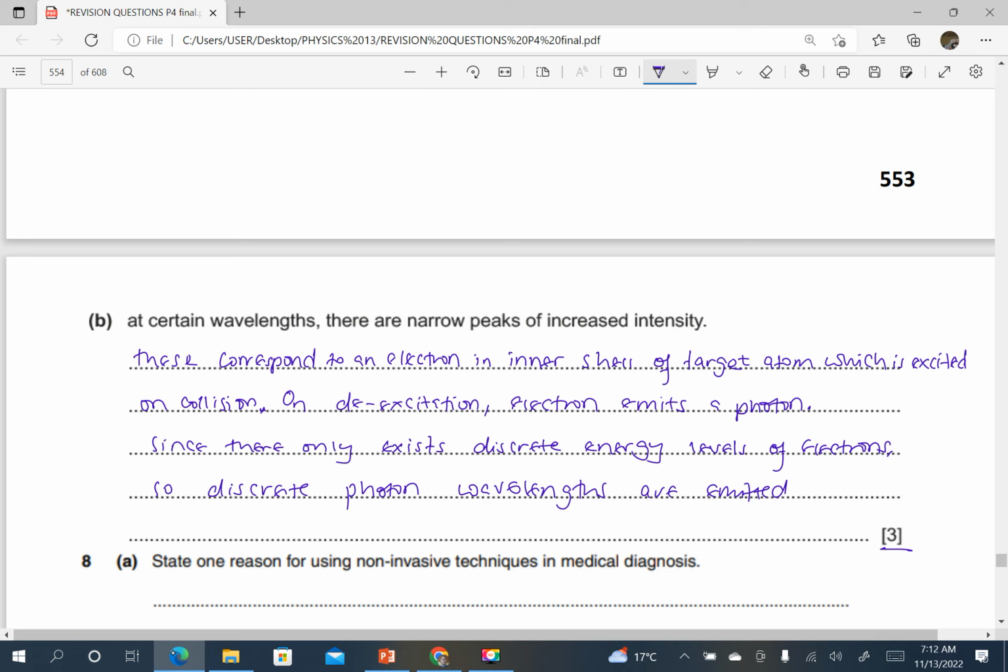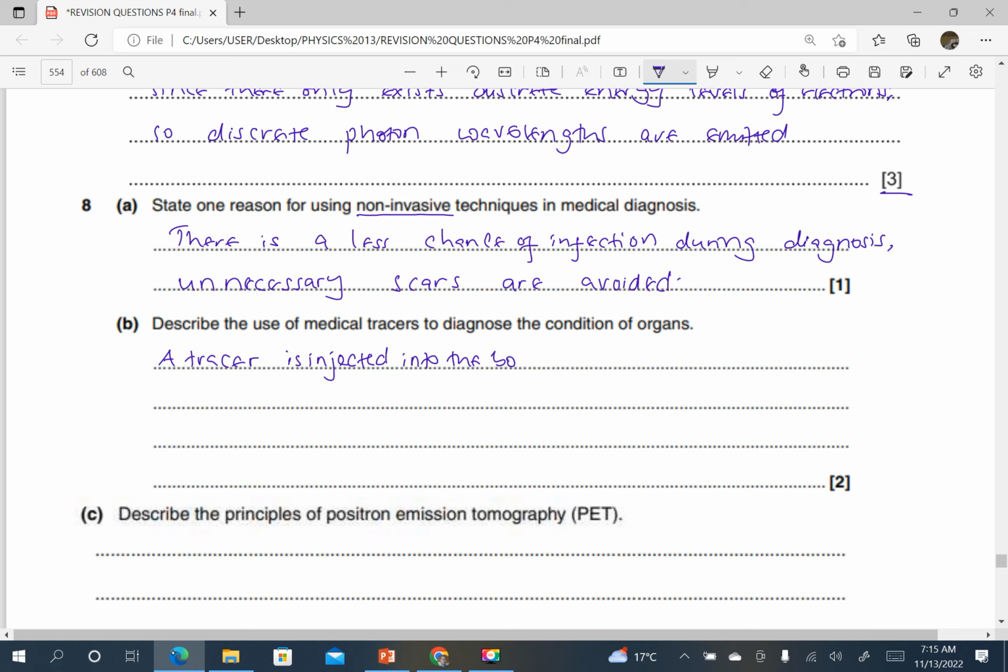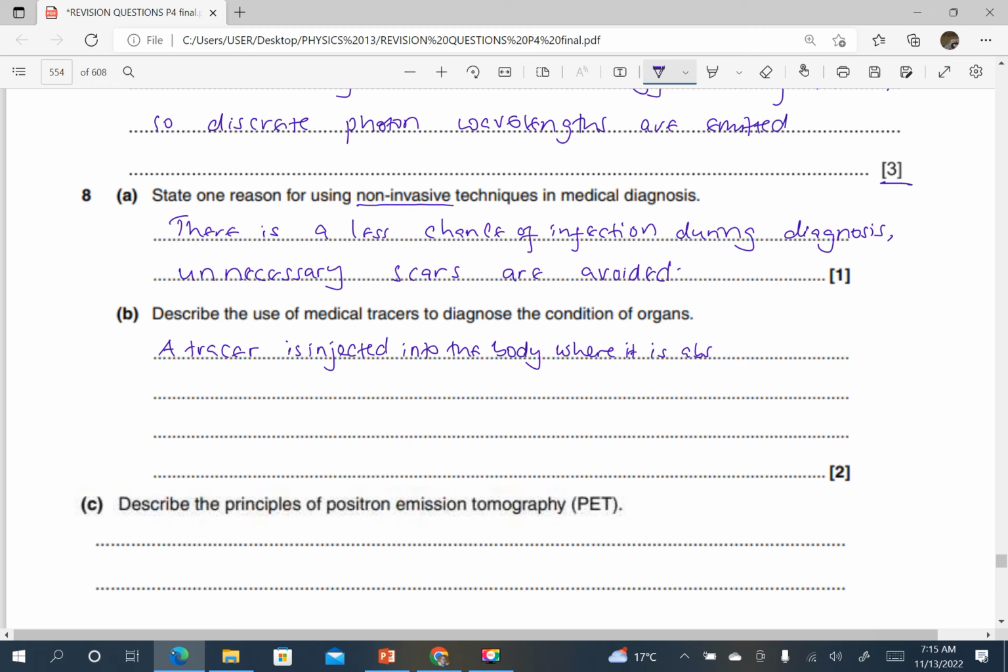So a tracer is injected into the body, where it is absorbed by organs.